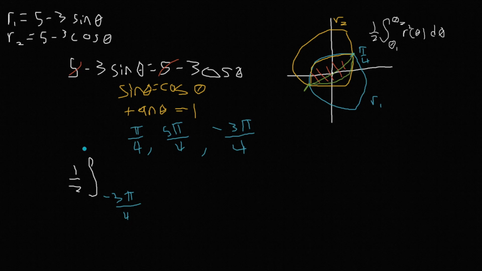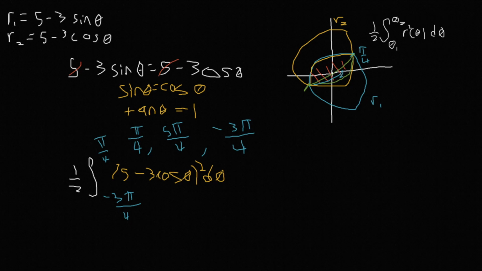And then they intersect at pi by 4. What curve is being bound here that we're taking the area of? We need this area right here. That is bounded by the R2 curve. So the function we're going to put in there is our R2 function, 5 minus 3 cos theta. The entire quantity is going to be squared, and this is going to be integrated with respect to d theta.